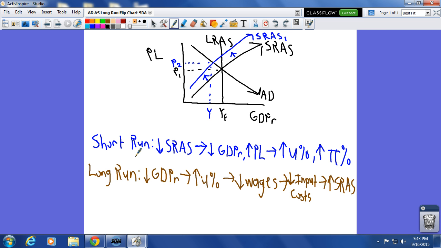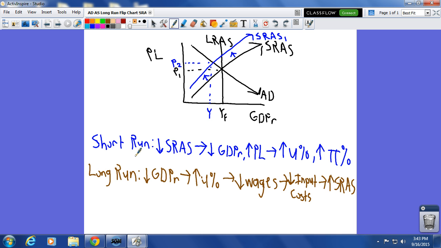Short run aggregate supply shifts to the left from SRAS to SRAS1. Like, let's say, for example, the price of oil skyrocketed. That would be a huge increase in input costs. You have short run aggregate supply decreasing, shifting from SRAS to SRAS1. So after that happens, we can now see where SRAS1 intersects aggregate demand. You'll have a new equilibrium price level, P2, and you'll have a new equilibrium output, Y1.